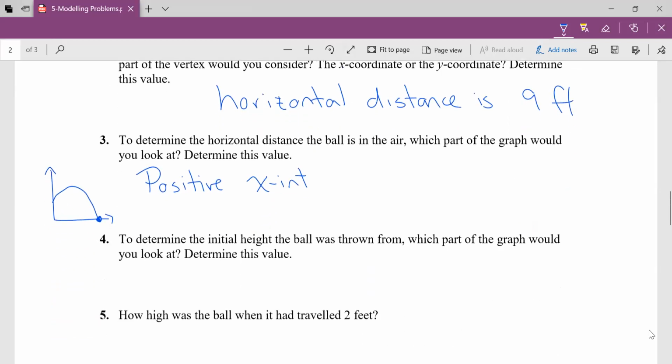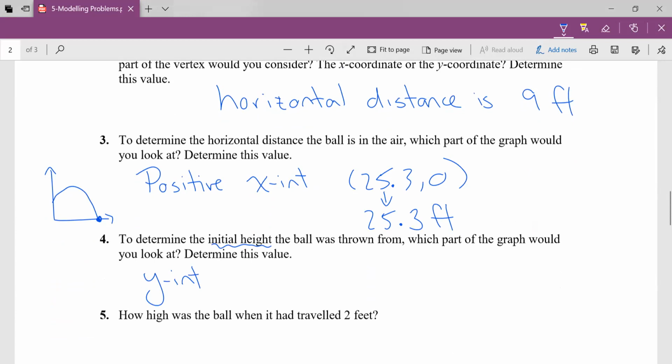So our positive x-intercept was 25.3, and the horizontal distance the ball is in the air is 25.3 feet.